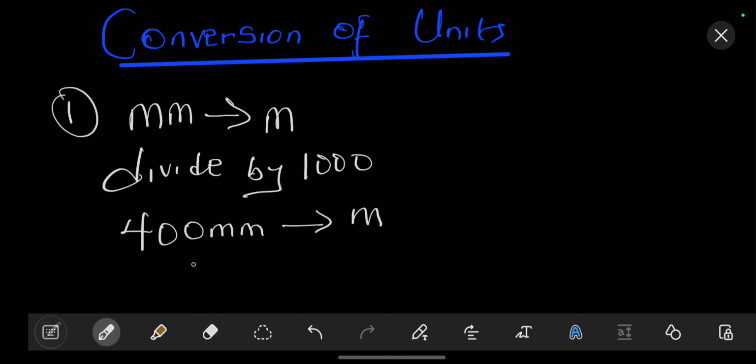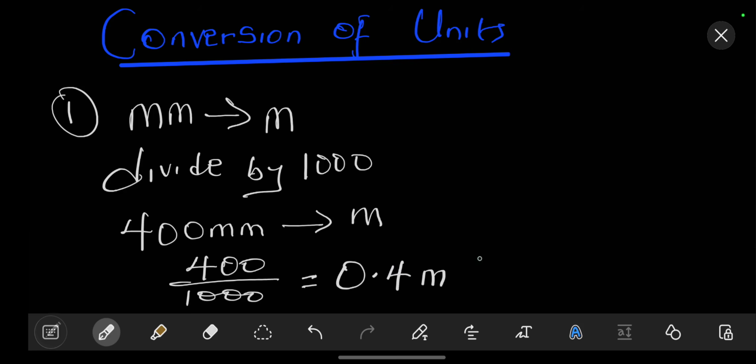All we have to do is to divide 400 over 1000, and that is easy. So if you do that, you have 400 divided by 1000. That will give you 0.4. 0.4 what? 0.4 meter. So it means we've successfully gone from millimeter to meter. So we transited to meter by simply dividing by 1000.